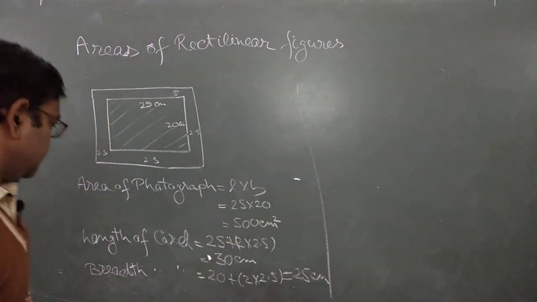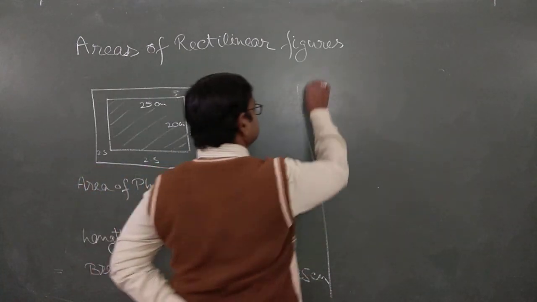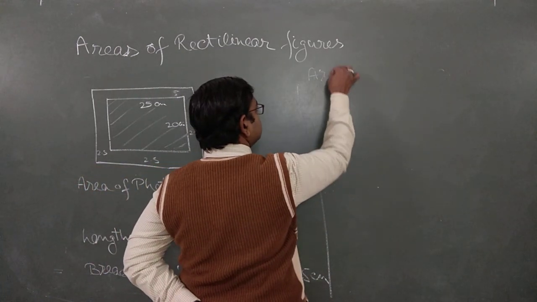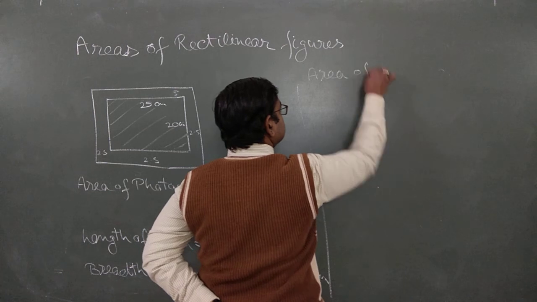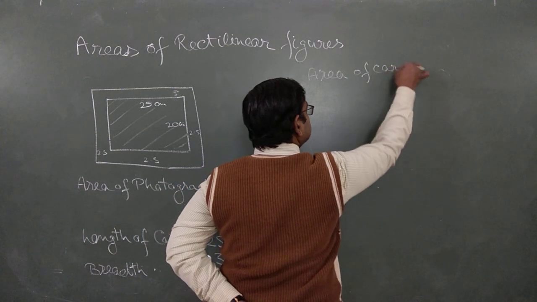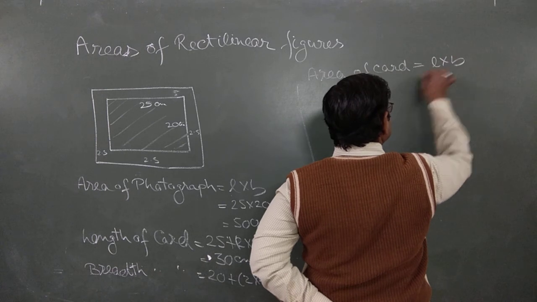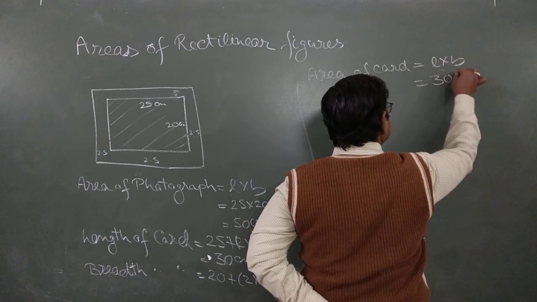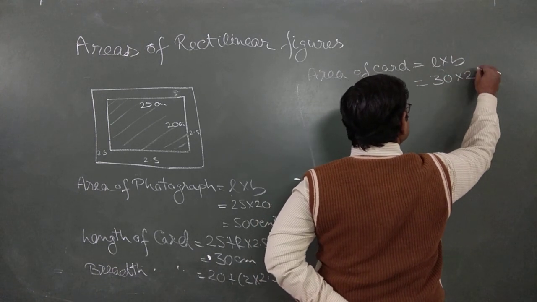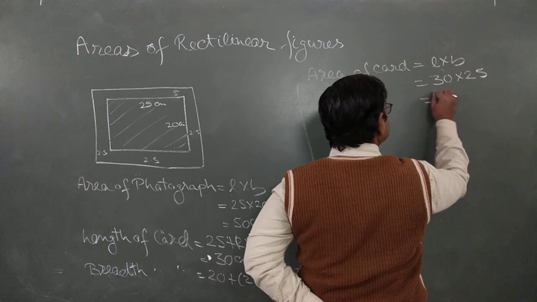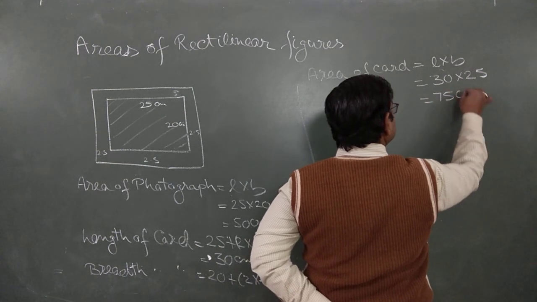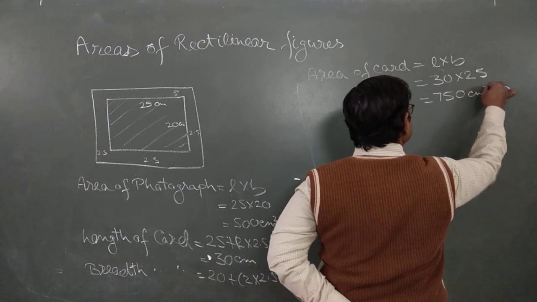Clear? So what is the area of the card? Again we can write L into B. It's 30 into 25. It's 750 centimeter square.